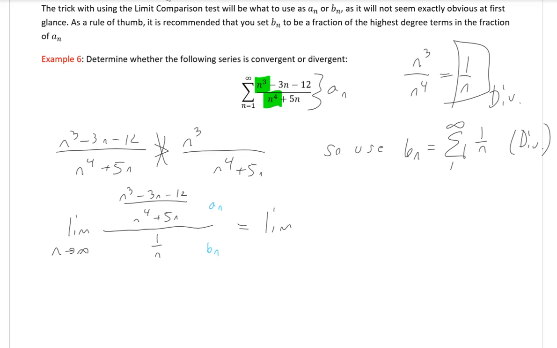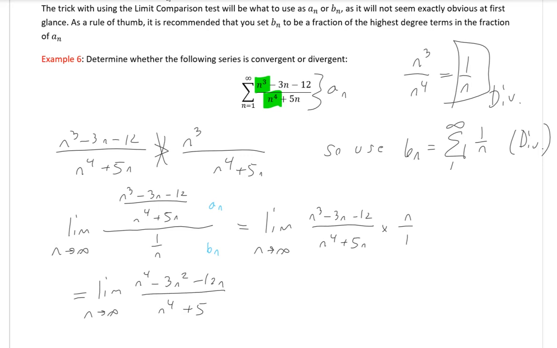This limit, as n approaches infinity, because I have a fraction over fraction, I can flip those and say this is n cubed minus 3n minus 12 over n to the fourth plus 5n times n over 1, multiplied by the reciprocal of the denominator. And that gives us the limit as n approaches infinity of n to the fourth minus 3n squared minus 12n over n to the fourth plus 5n.